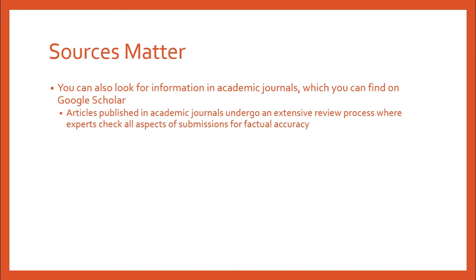When an article is published in an academic journal, it goes through a very extensive and very rigorous review process that is actually checked for factual accuracy by experts in the field relevant to the academic journal. So if you try to publish something in an academic psychology journal, it's going to be reviewed by psychology experts. So information in academic journals is completely reliable always.